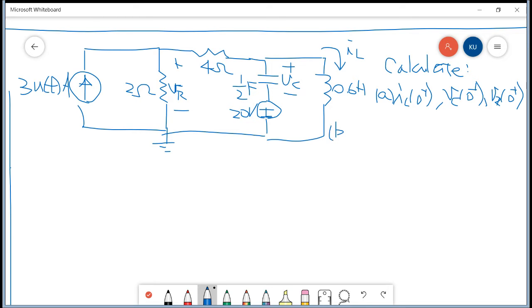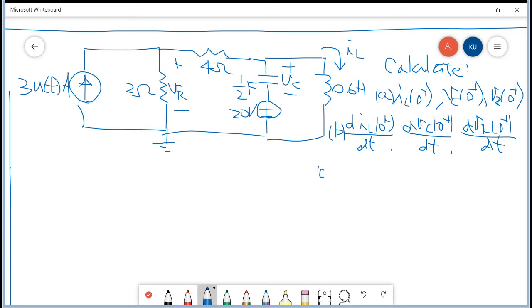And for part B, the first derivative, dVC0 plus dt, and then dVR0 plus dt. The part C is IL infinity, VC infinity, and also VR infinity.